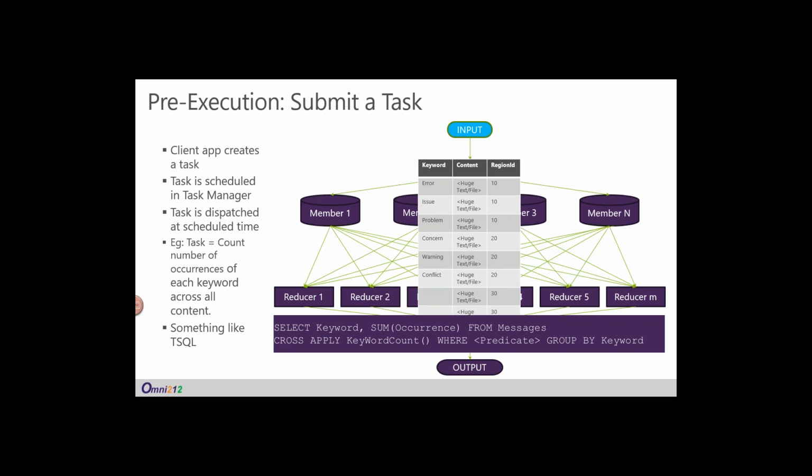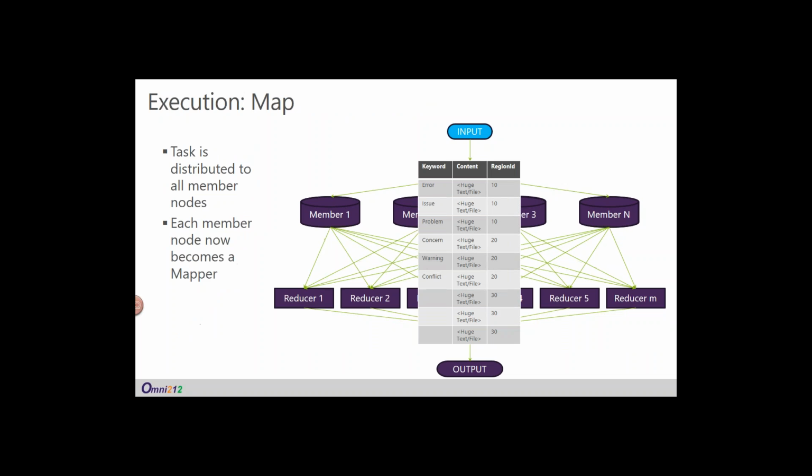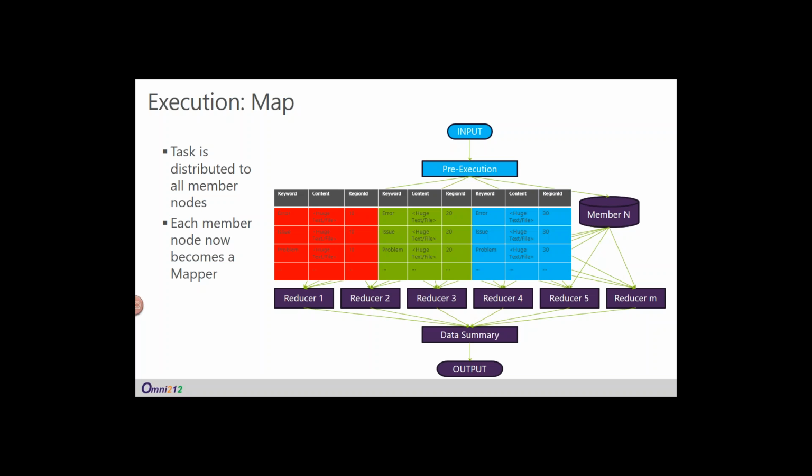Now let's see how Hadoop processes the map program. First, the task manager distributes portions of the master dataset to all the member nodes based on the partition value. In our example, the partition value can be region ID.